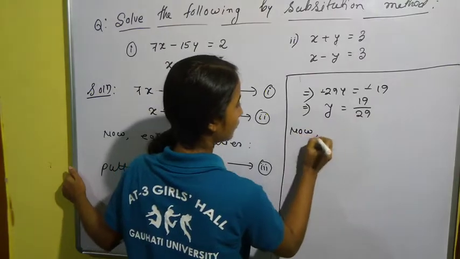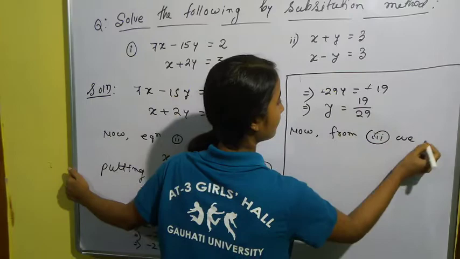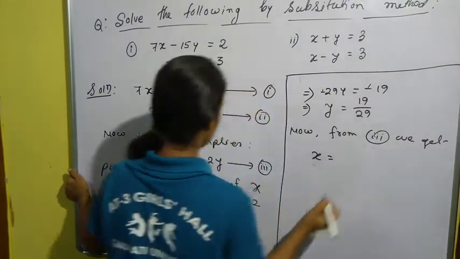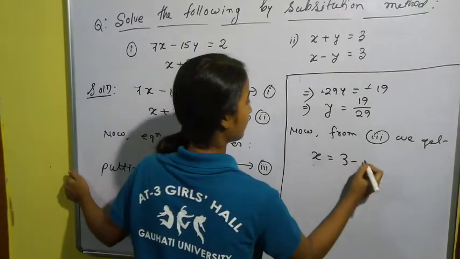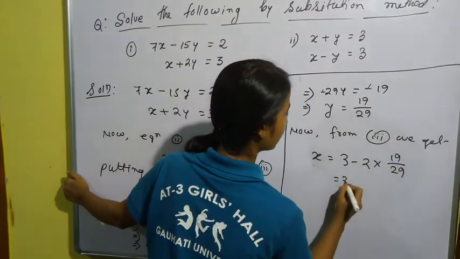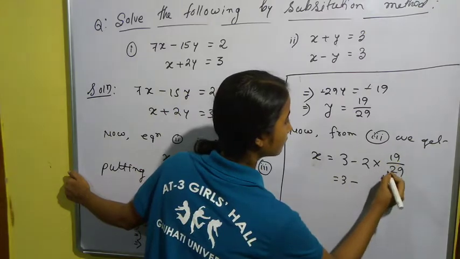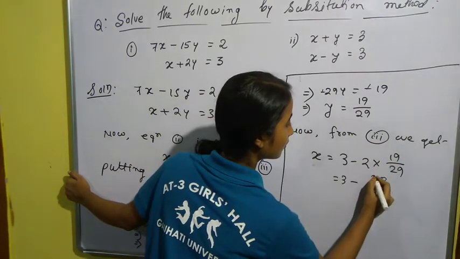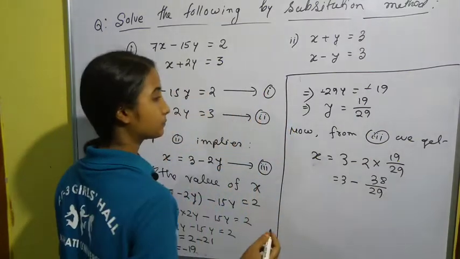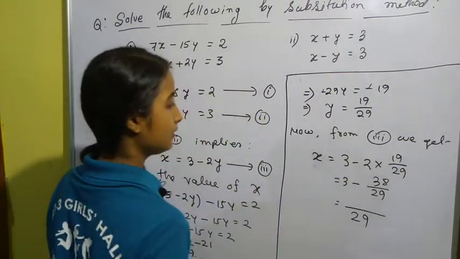Now from 3 we get x is equal to 3 minus 2 into 19 by 29. 3 minus 38 by 29.